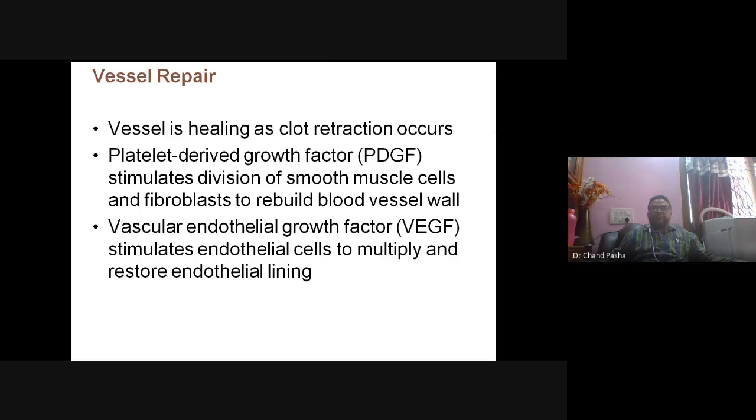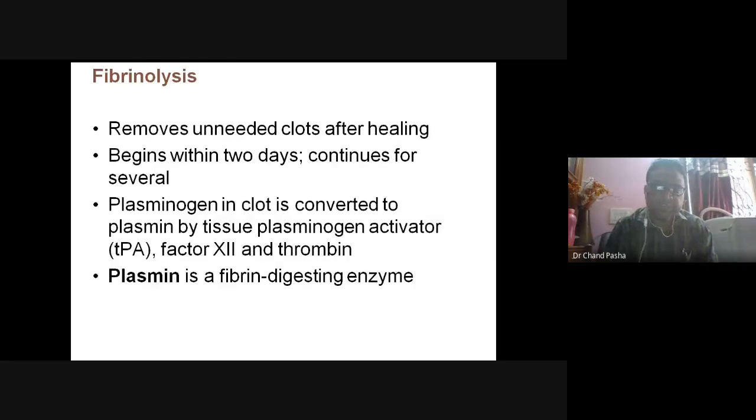Vascular endothelial growth factor stimulates the endothelial cells to multiply and restore the endothelial lining also. See, these two factors, platelet derived growth factor as well as vascular endothelial growth factor, play a very important role in healing. This healing is not a single day process. Healing does take some time.